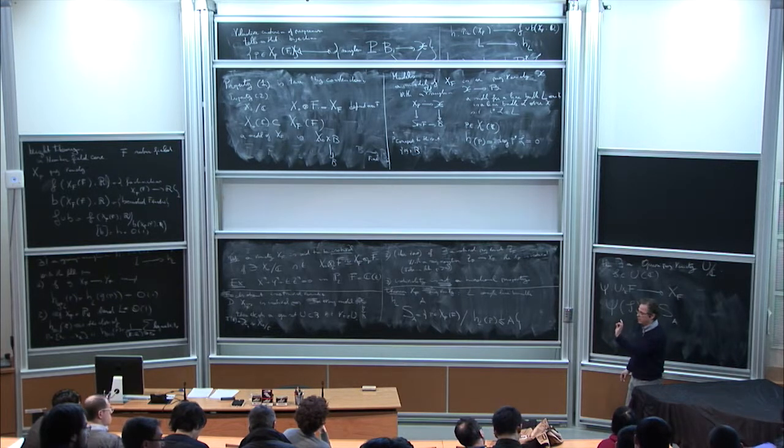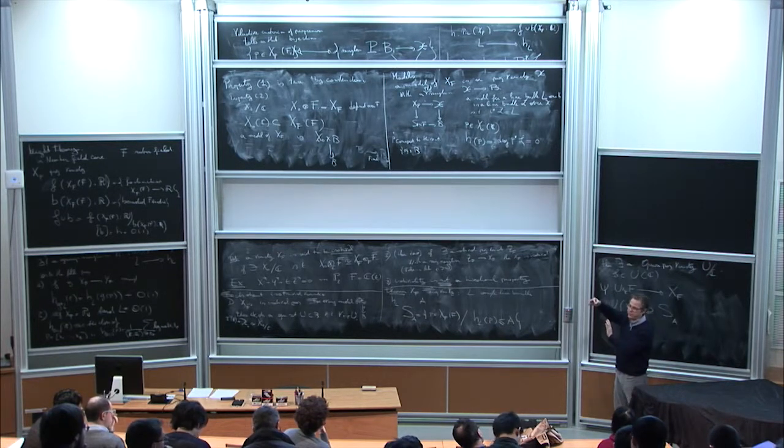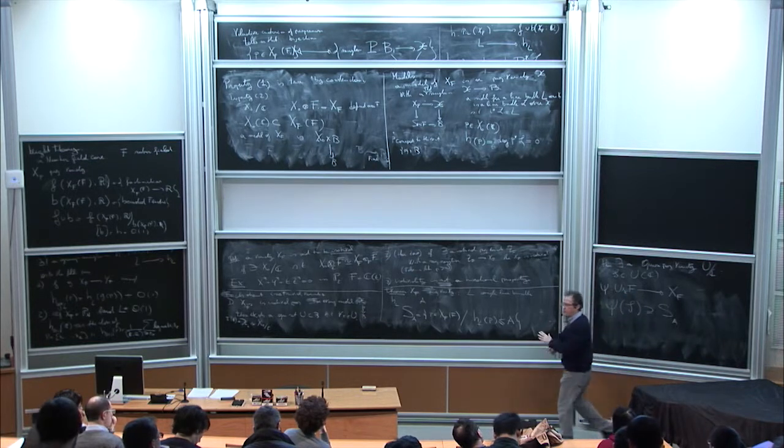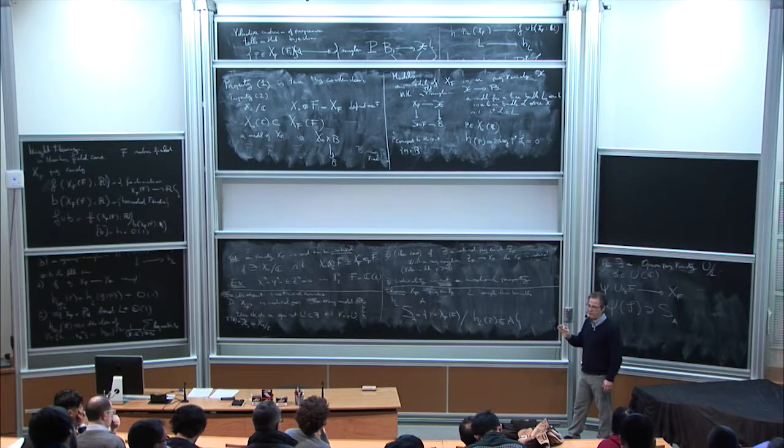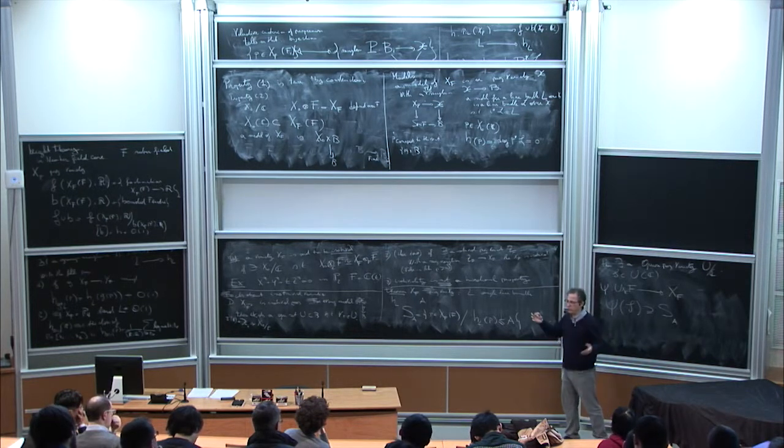Just to mention, if in the Northcott theorem you also take points defined over a finite extension, this is absolutely false. There is no such statement in the function field case. I can construct curves which are not isotrivial with infinitely many points of bounded height which are defined over fields of fixed degree, degree at most 5.